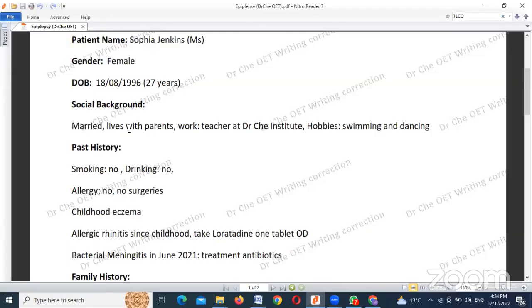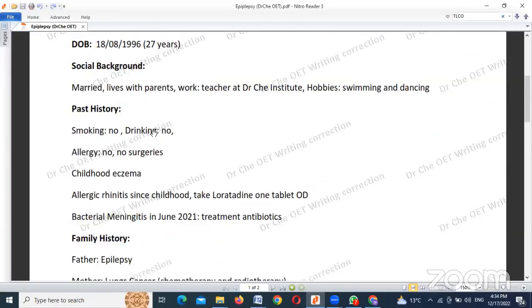This is a referral letter, and for the first time the reader is not going to diagnose anything. So I would prefer to skip. Social history, nothing is important. If you write hobbies, I will not say it is wrong, but you can skip.